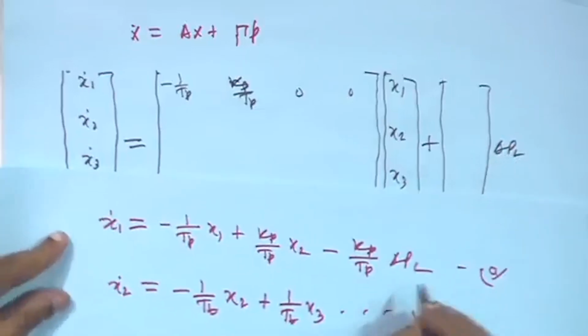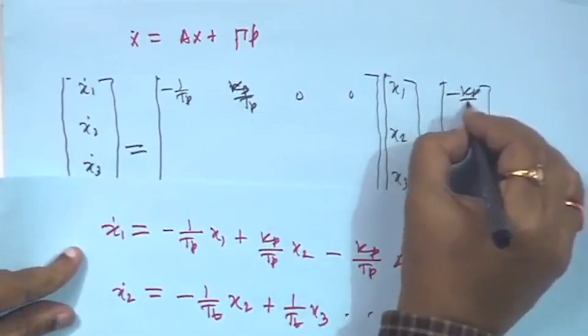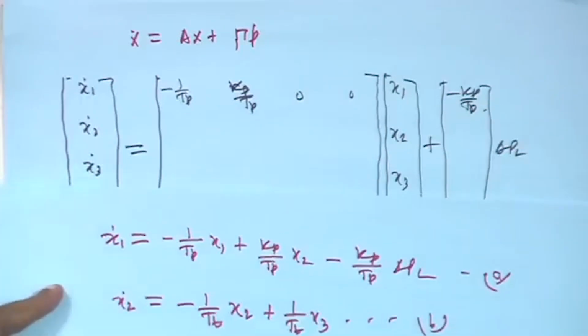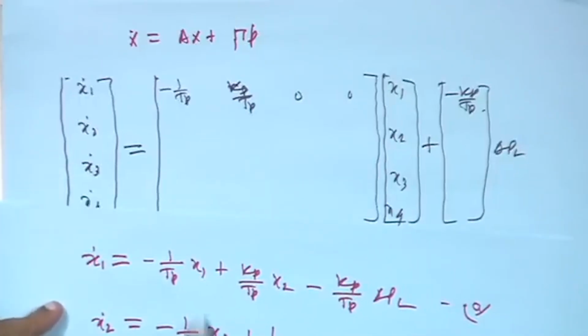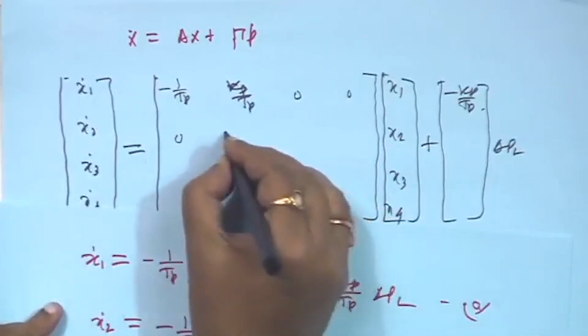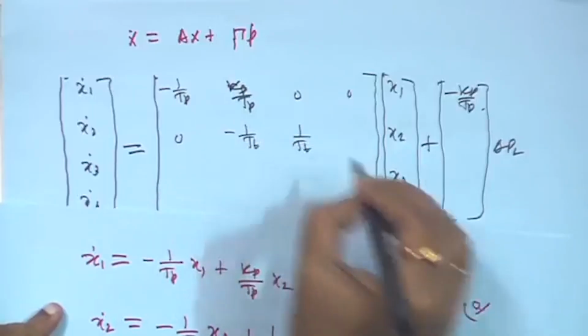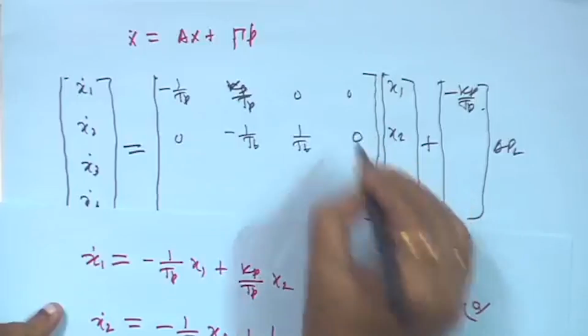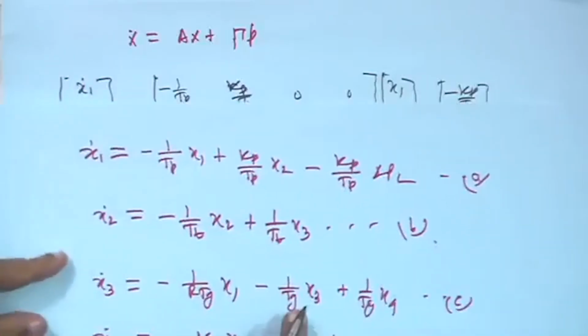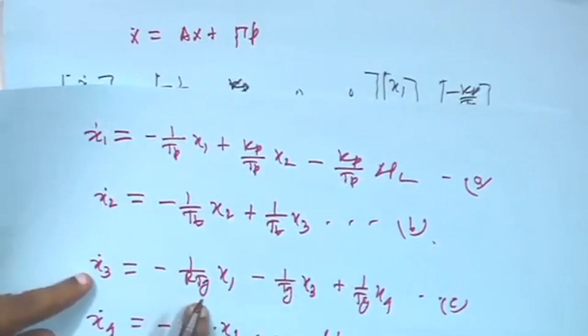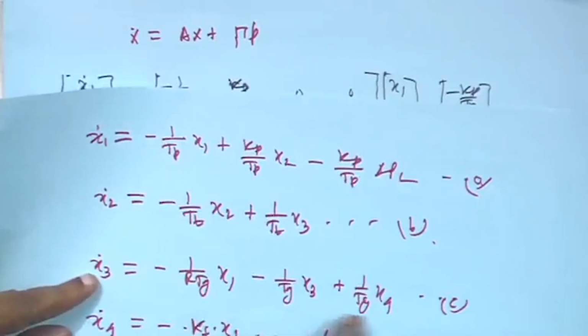So, delta PL is here, with minus Kp upon Tp. Then x2 dot: x1 is not there, minus 1 upon Tt, and this one is 1 upon Tt, and this is 0, because 1 upon Tt x3 appears here. And for x3 dot, the first term is there, the second term is not there.